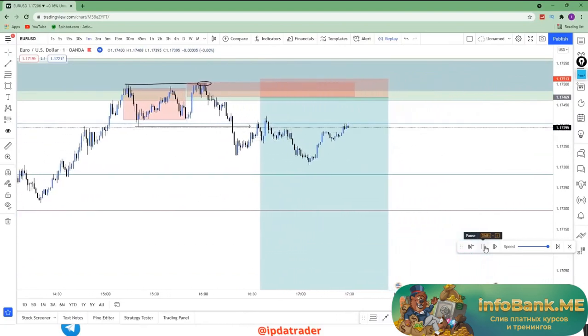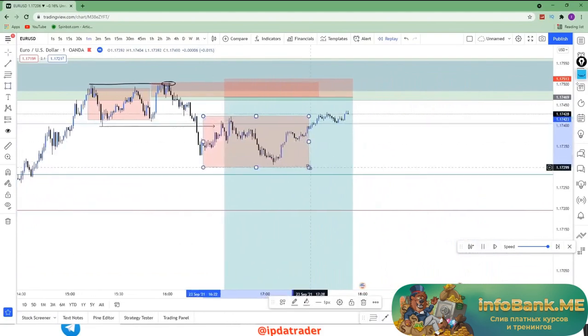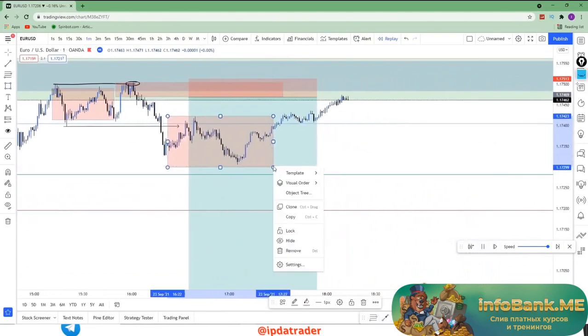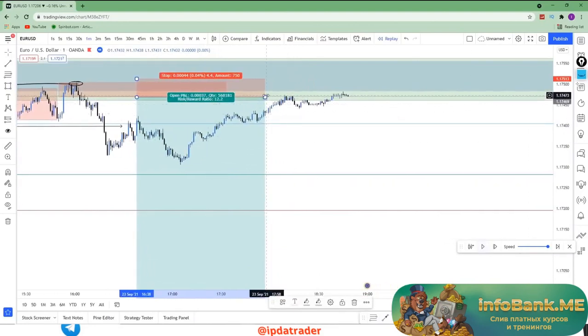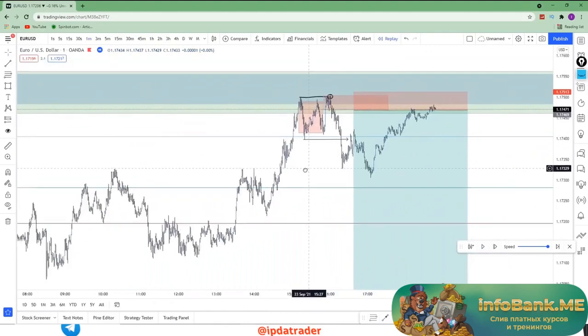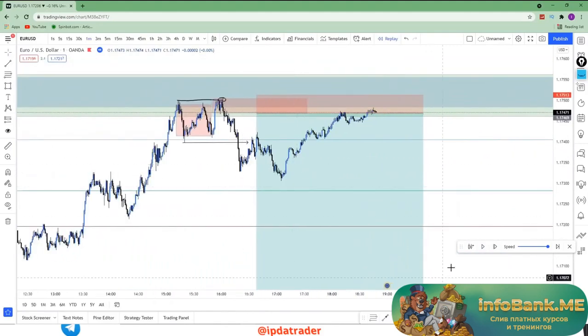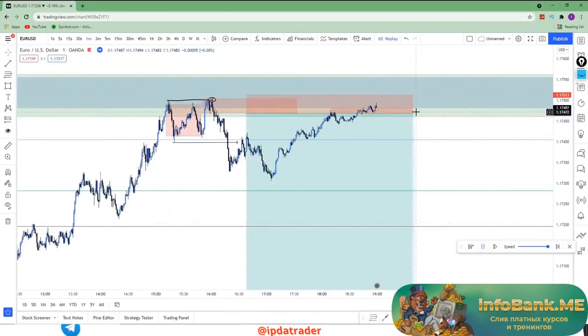Price continues, plays around, essentially creating more liquidity with these movements up and down. And as you can see, whoops, price comes back up, taps you in, right? All your rules are valid, so you can take this trade, and let's see what happens.